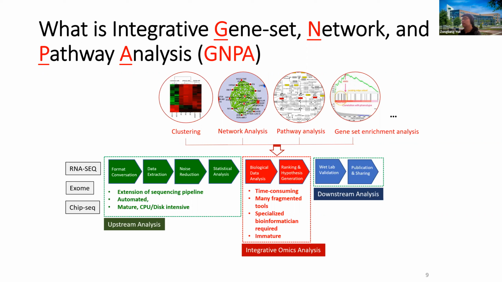This is already a time-consuming and fragmented step, usually needing a specialized bioinformatician, and the integration of all those steps is currently immature. Afterwards, once we report some discovery, we can do wet lab validation. This is regarded as downstream analysis, and then publish the data.